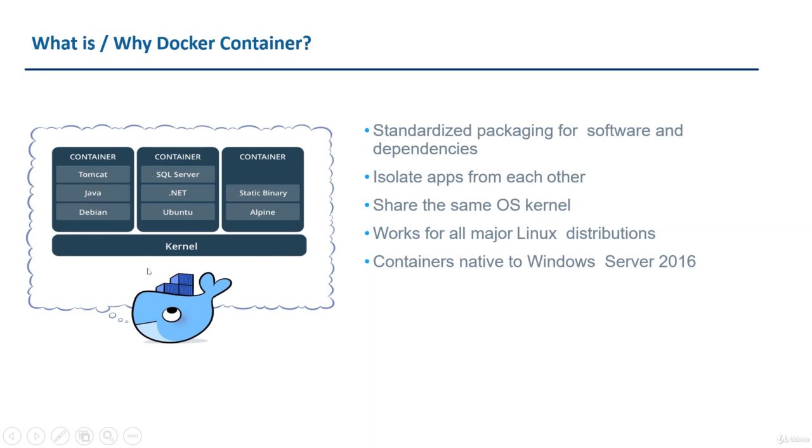So at a high level, that's all about what Docker containers are and why we use them. We'll see more details once we start doing hands-on work. This is just a theoretical lecture, and I'm considering that you understand at a high level what a Docker container is.